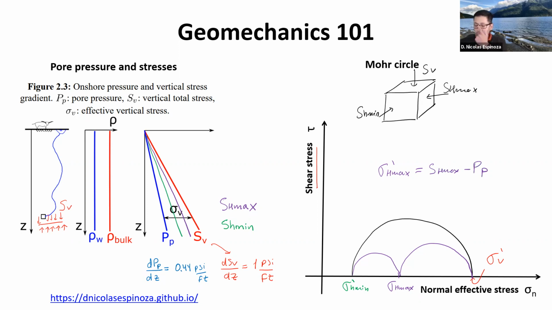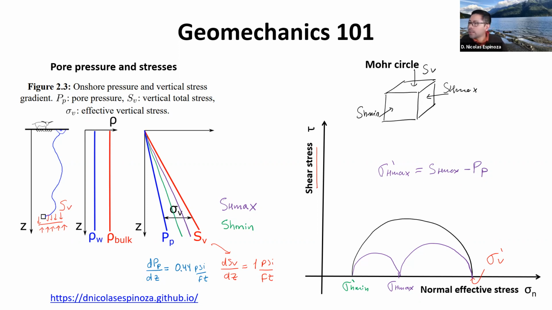It's very important in geomechanics that we take this into account. The stresses, if we really want to know if they are going to fail our rocks or how much they are going to deform our rocks, we need to subtract the pore pressure. And this is what gives me the effective stress, the difference between the total stress and the pore pressure.